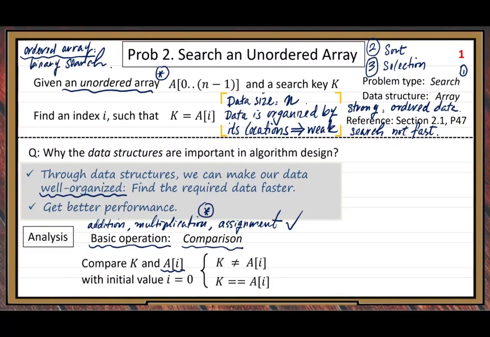The greater than and less than cases we combine as one unequal case, because we don't care whether K is greater or less than A of I. It's not important, so we don't need that information. We want to make it as simple as possible. If it's the equal case, then the function returns the index value I and terminates.